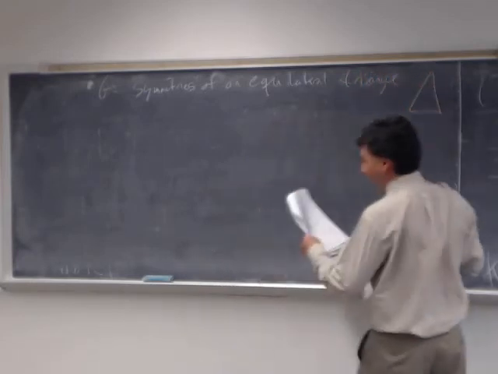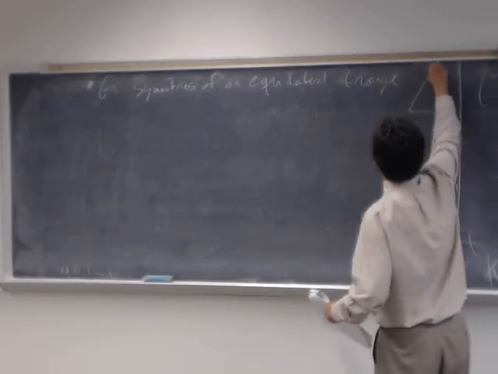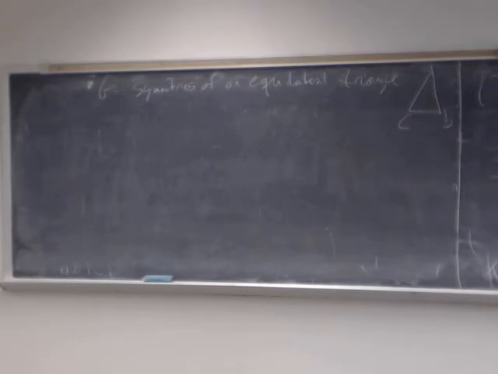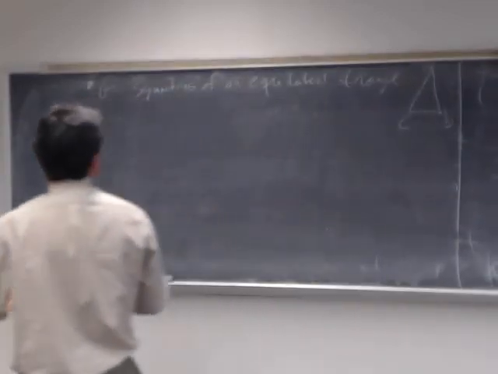Which we may label, and the way I labeled it, I put an A at the top, and then I went clockwise, B and C. And so we have a variety of ways to look at these things. So what are the elements of the group?